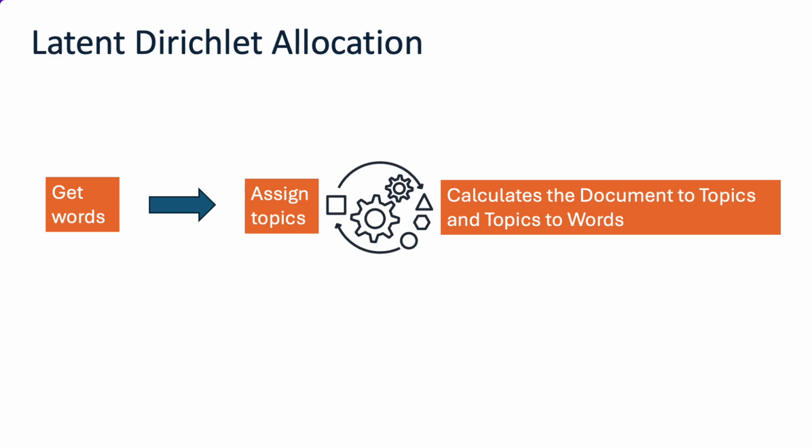And then with the tallies it has, it will use the LDA process to go back through and reassign those topics and then continue this loop until there is a point of convergence that's found with a predominant topic for a document and a predominant set of words for a topic.